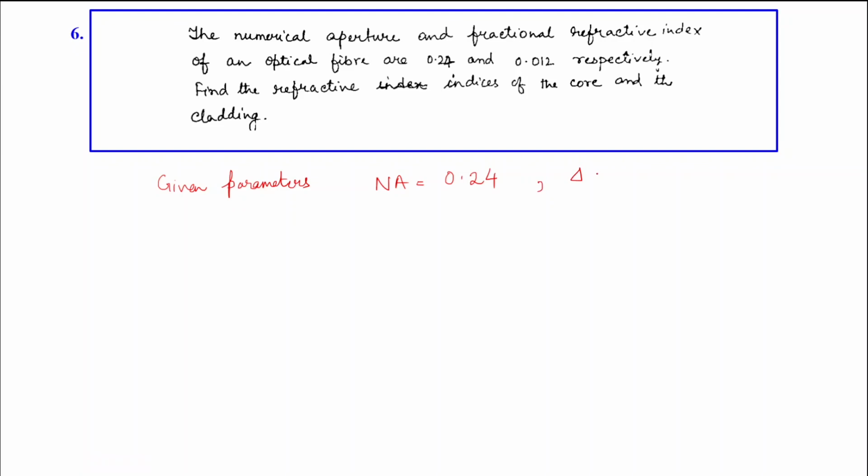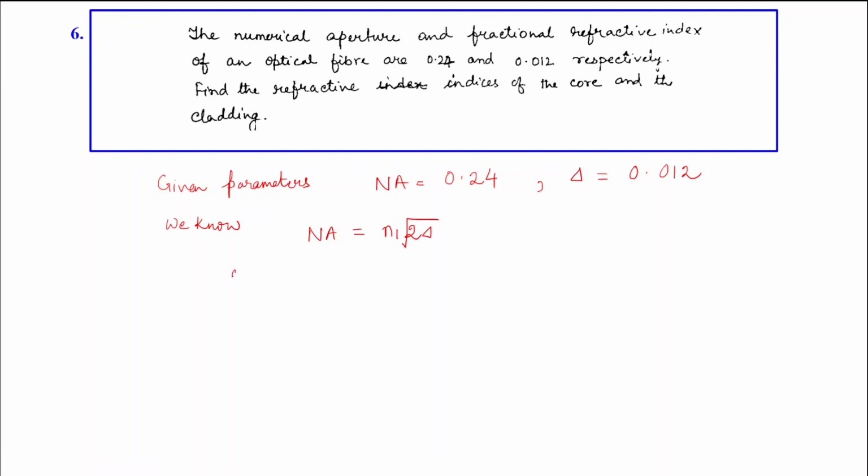The given parameters are numerical aperture equal to 0.24, and del, that is the fractional refractive index, 0.012. So what we need to find out is n1 and n2. n1 is the refractive index of the core, n2 is the refractive index of the cladding.